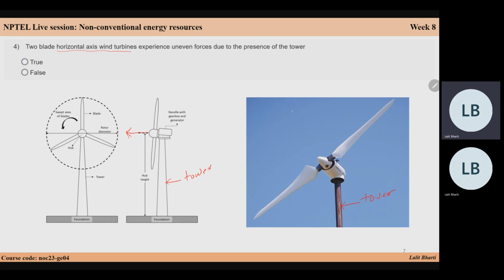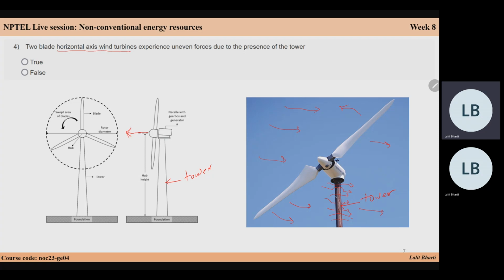If this is the direction of air, it will be even for the whole volume, except for the volume near the tower. So whenever the wind hits this tower, it will produce some distortion. Similarly from the opposite side. So whenever your blades rotate, they will feel some distortion near the tower.